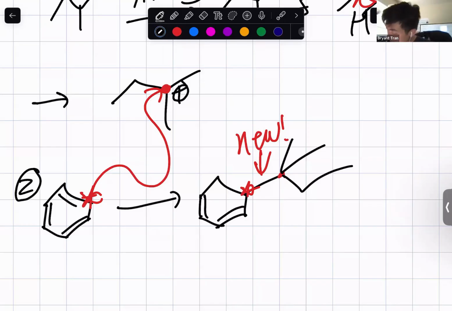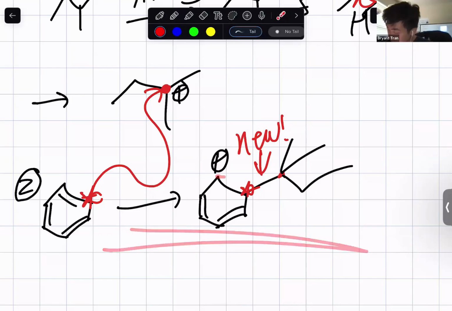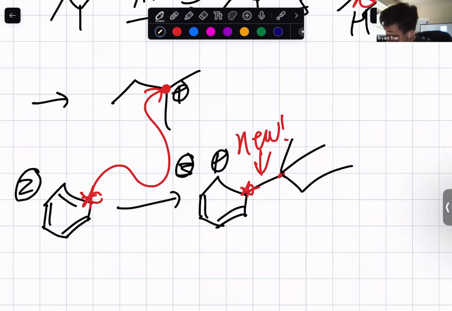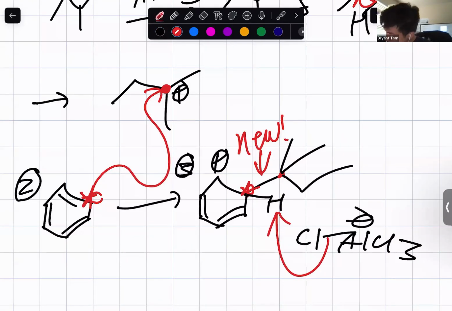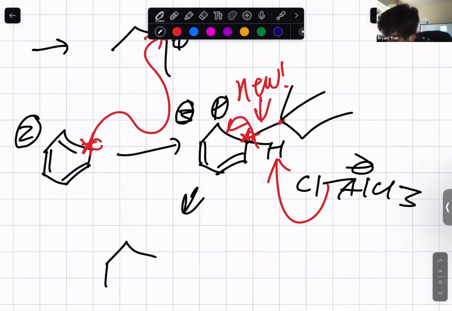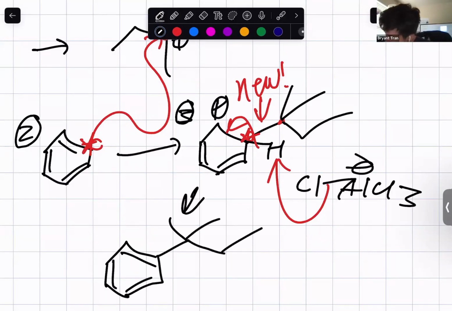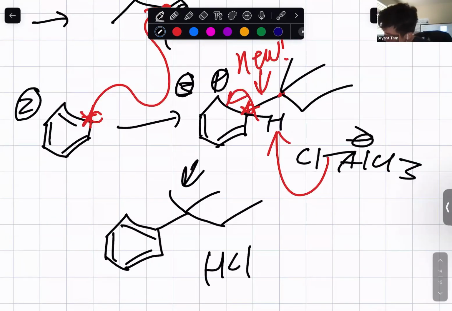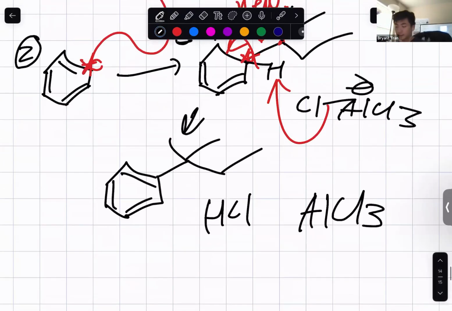Right. This carbon here lost the bond, so it's positively charged. Now the third step is to restore aromaticity here. So we could use this base to do elimination and restore our aromatic benzene ring here. Right, where our byproducts would be HCl and metal Lewis acid catalyst AlCl3, like that. Okay.